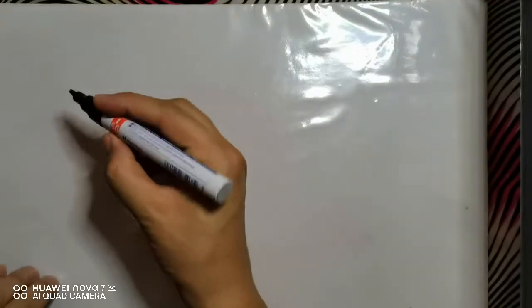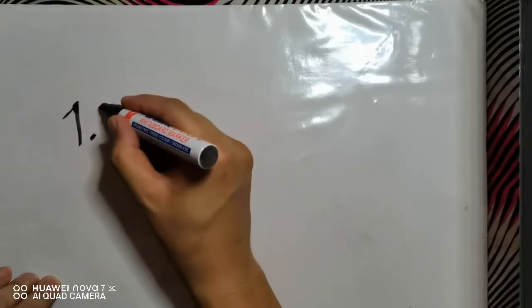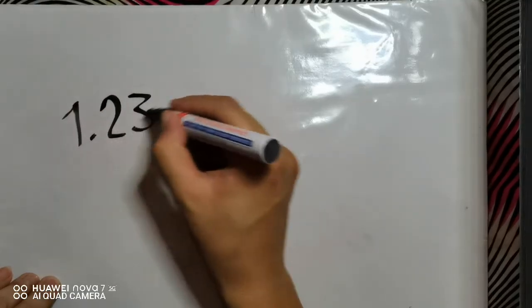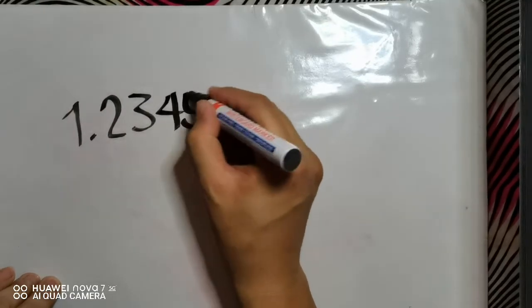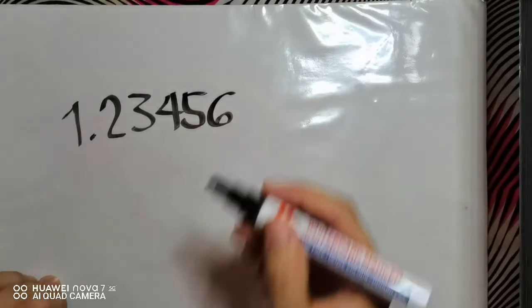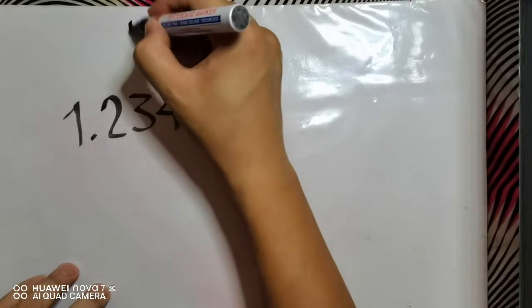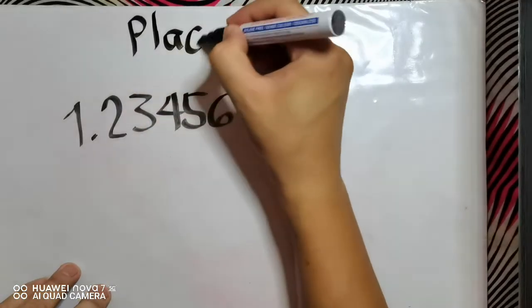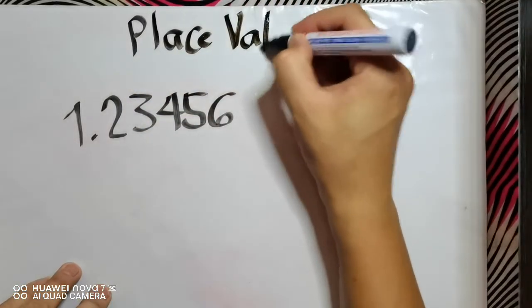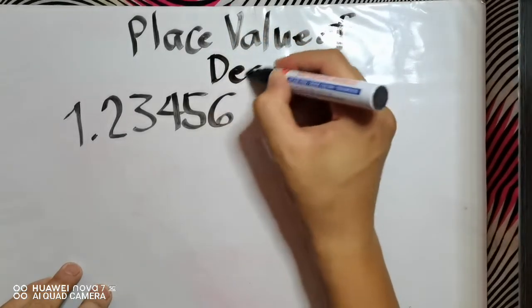So let's say we have 1, so we will be focusing on the place value. So place value tayo. Place value of decimals.